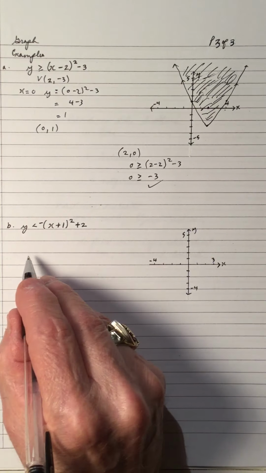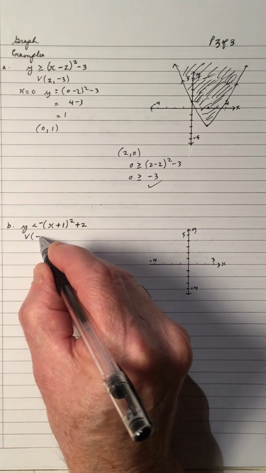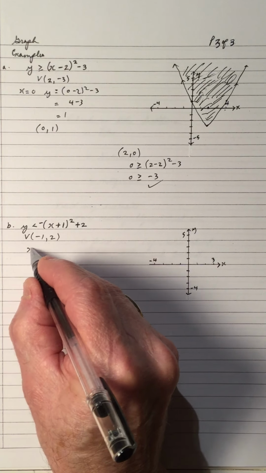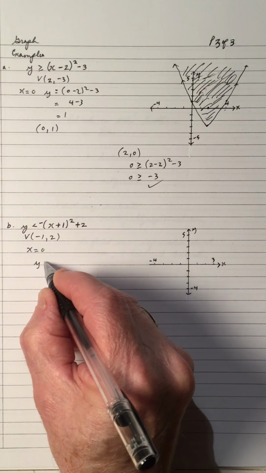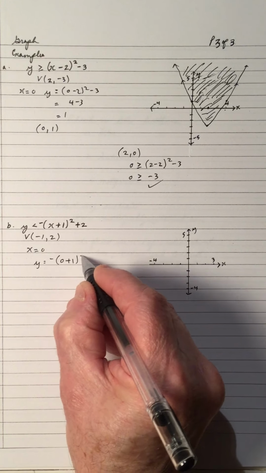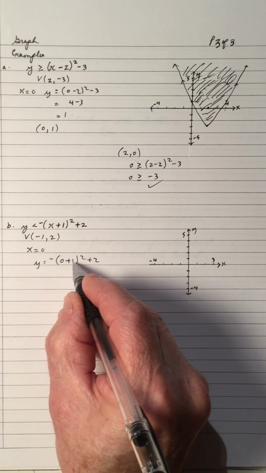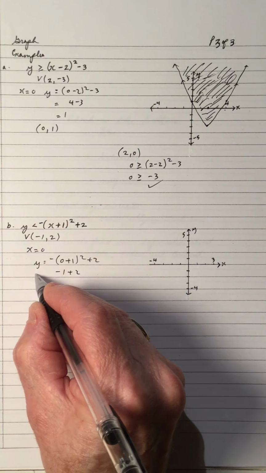And B, again, let's get the vertex. The vertex is the opposite of +1, so -1, and a 2. And we let x equal 0. So 1 squared is 1, so -1 plus 2.